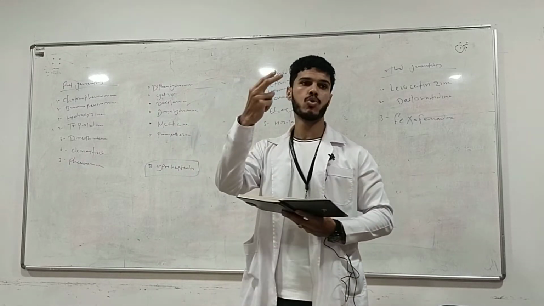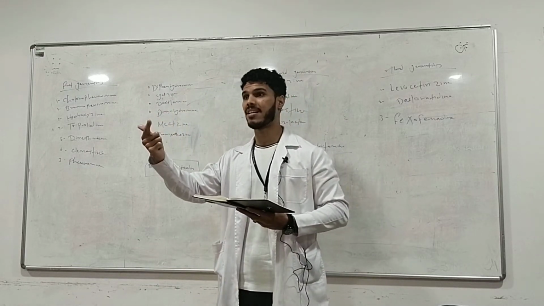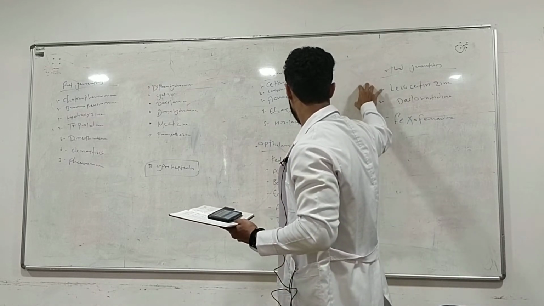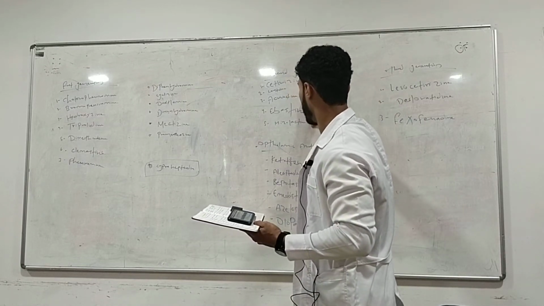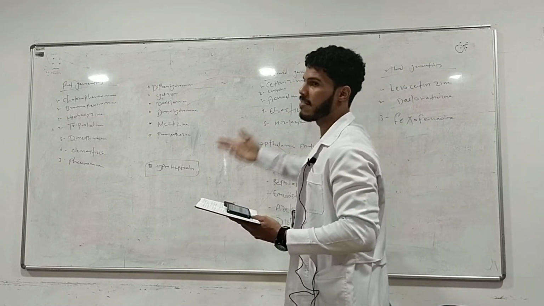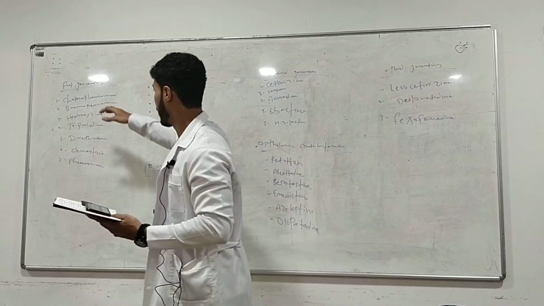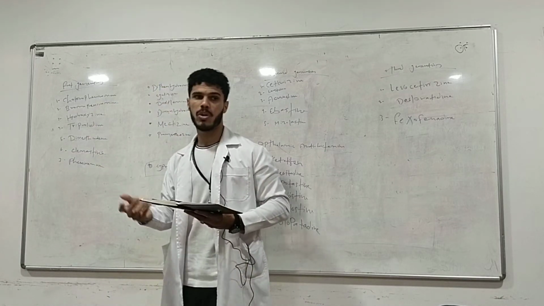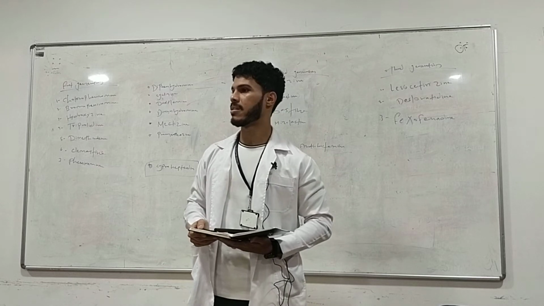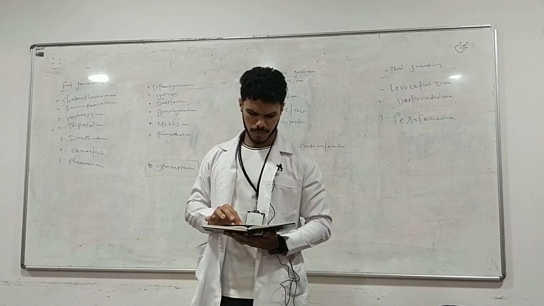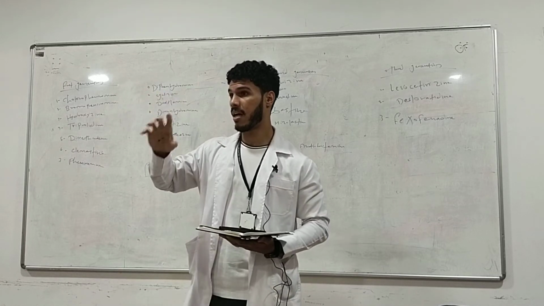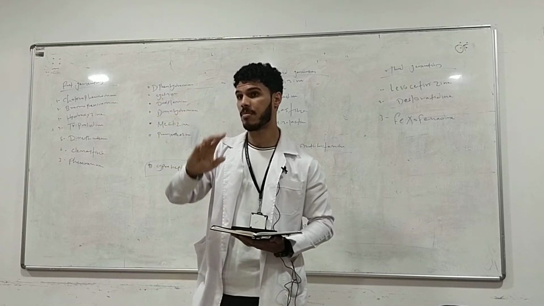We have two generations, first generation and second generation, but we have divided into 3 generations because this class is just derived from this class, with fewer advantages than the second generation. So what are the properties of first generation antihistamines? They are the first medications that antagonized the histamine.